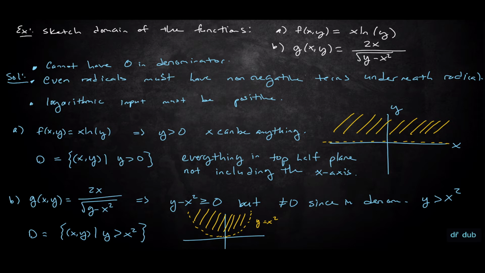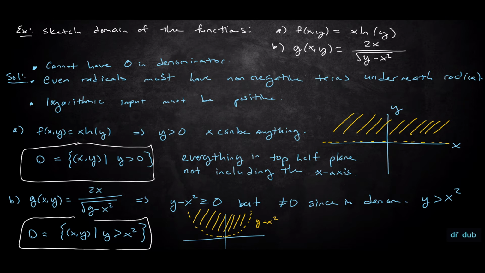So that is going to be our answer. So here are our domains, and then we've also sketched those domains. I'll try to slow down a little bit, make sure everybody's able to write things down. Of course, you can pause as needed.